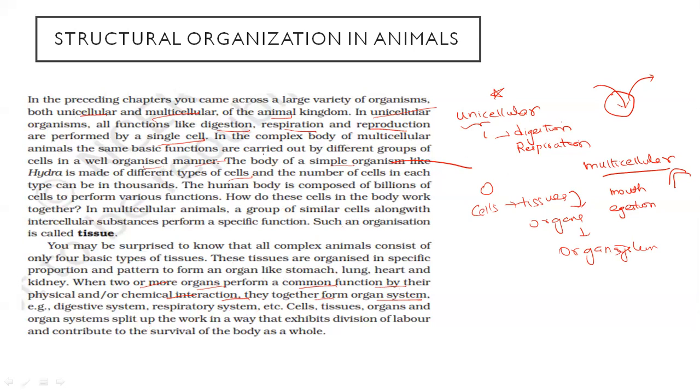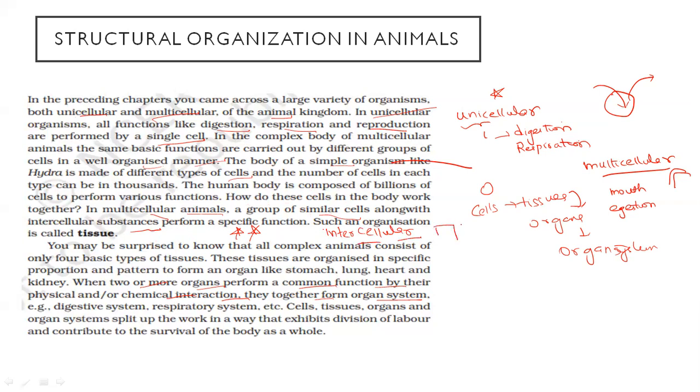Okay. Now here, a neat question is the definition of the tissue. According to NCERT, in multicellular organisms, a group of similar cells along with intercellular substances. So what does intercellular mean?